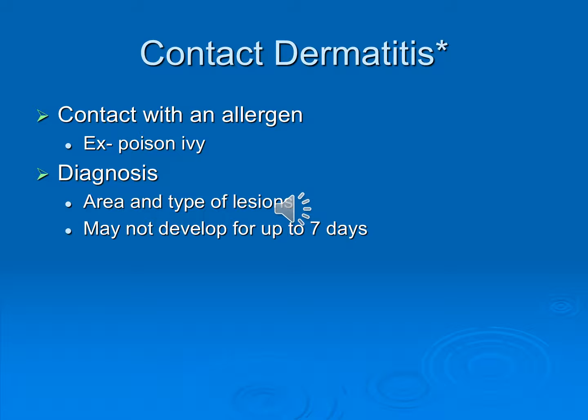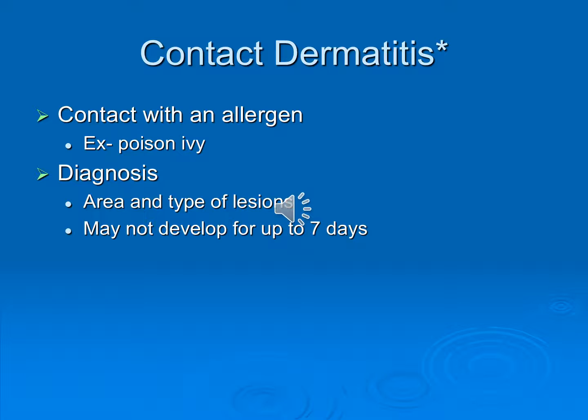So we have some inflammatory skin conditions now. Contact dermatitis is a very common skin condition, and this occurs from contact with an allergen. For instance, poison ivy would be an example of something somebody would get contact dermatitis from. The diagnosis is usually based upon the area and the type of lesions that form.